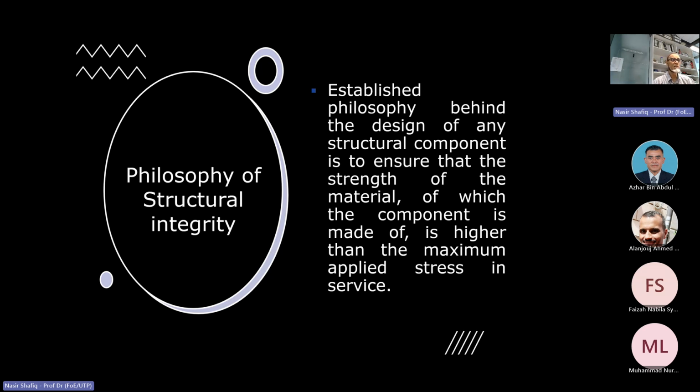lost its integrity, right? So that is the function of philosophy, that we can ensure that the strength of material, which is the resistance of the material, should always be higher than the operating pressure.